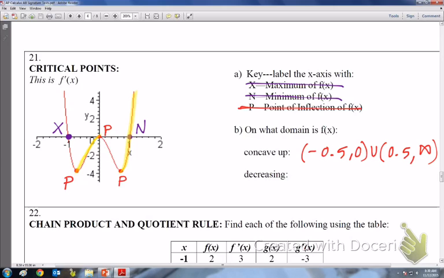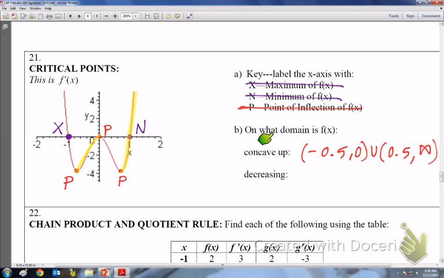But it's very clear what x value it stops at tomorrow. All right, so that's where it's concave up on those 2 yellow highlighted intervals that I just drew. You guys don't need to highlight them tomorrow. As long as you write the domain over here, that's what I'll be grading.